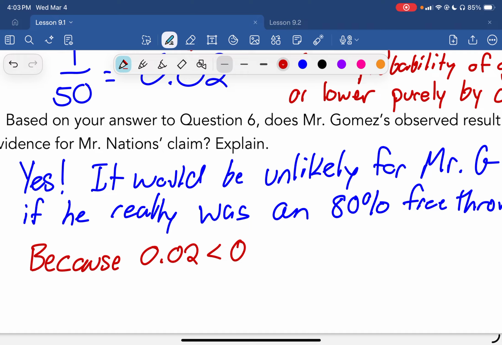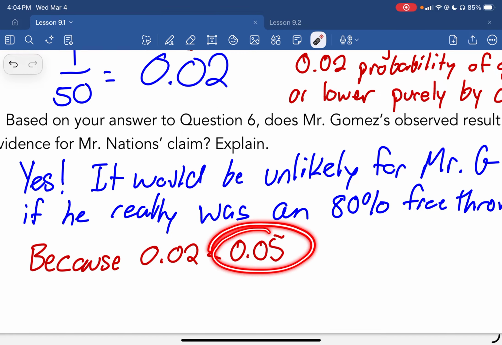Because 0.02 is less than 0.05, I'm going to stop right there. That feels like I pulled it out of thin air. We're going to figure out, some of you might already know, why I used 0.05 later. Today, just trust.